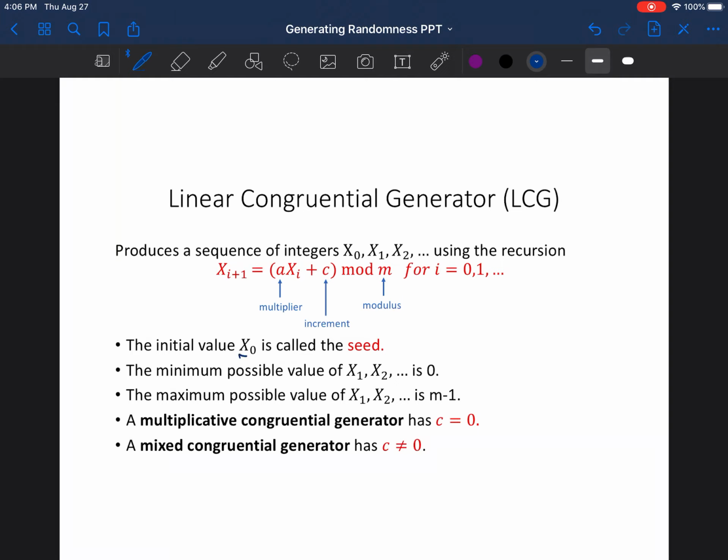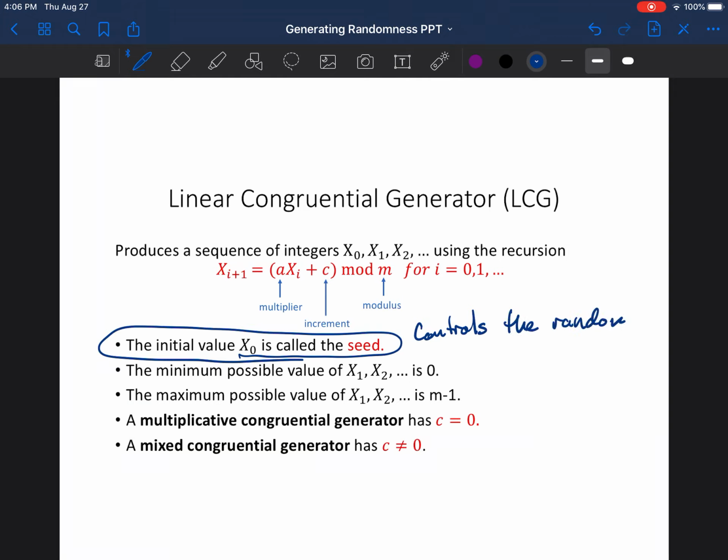So, as I said before, the initial value x0 is called the seed, and this actually controls the random stream we're going to achieve from this. Because if you start from the same seed, you get the same sequence of pseudo-random numbers.